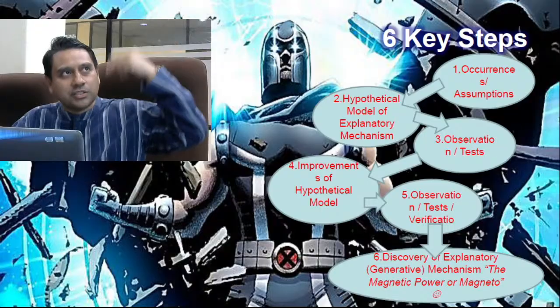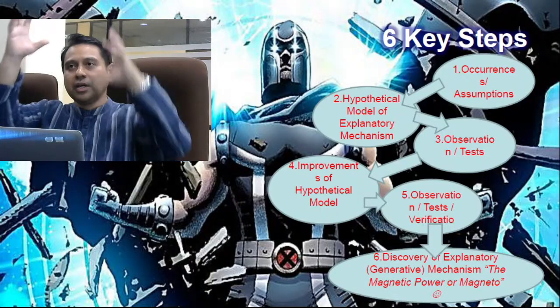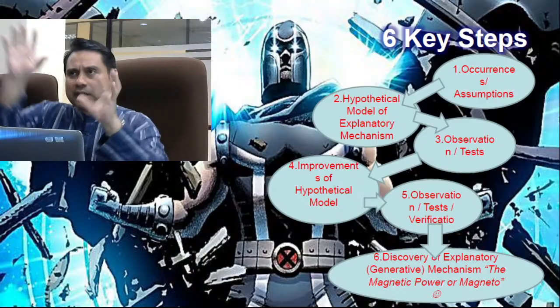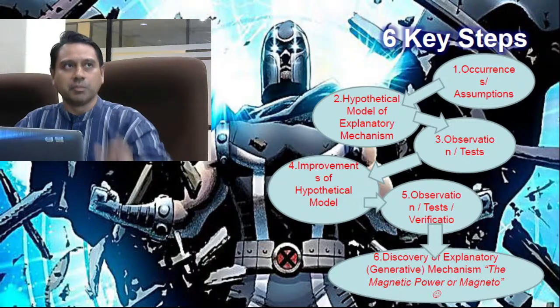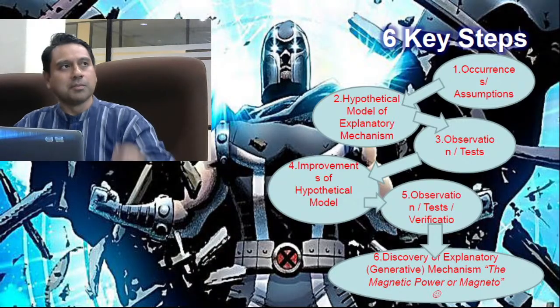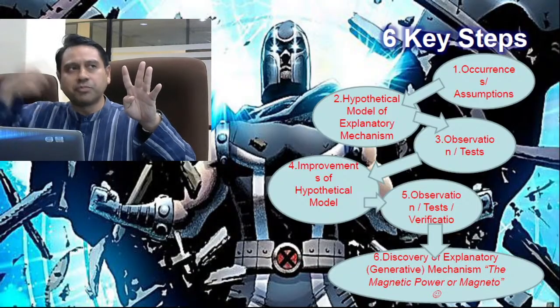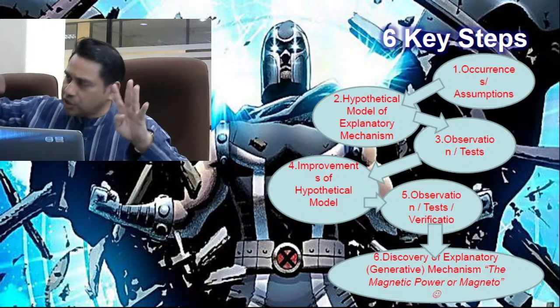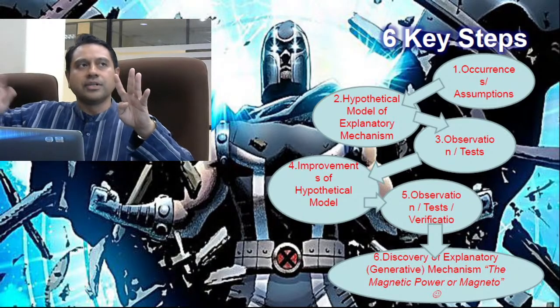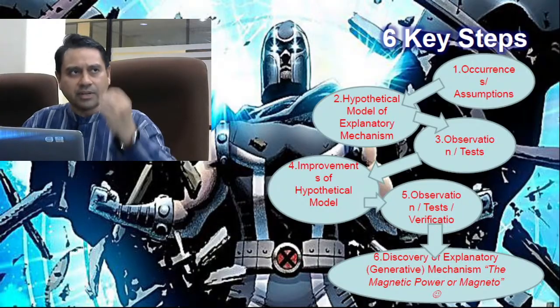Number 2, you develop a hypothetical model of the explanatory mechanism. Remember the photosynthesis bit? You create how things come together and you carry out observation. Number 3, tests. Number 4, improvements on the hypothetical model. You have to improve the hypothetical model. So you change the data, you change the theory, until you get the theory or the model right. So observations and tests and verifications.